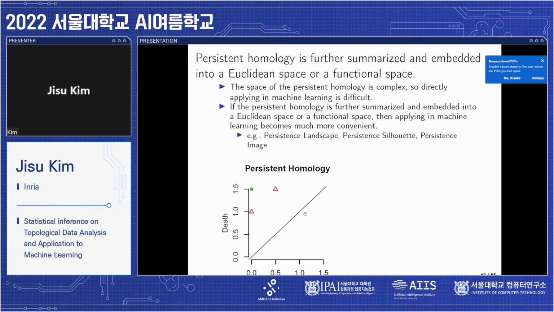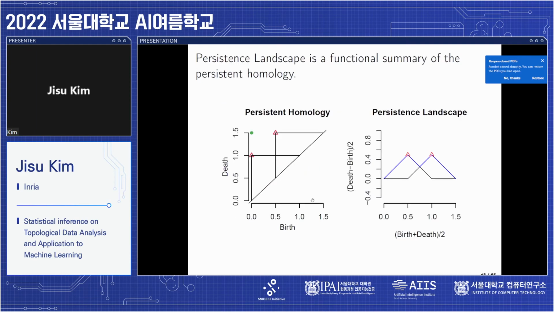When you have this persistent homology, you rotate it by 45 degrees clockwise. So it looks like this, and then for each individual point, you draw a right angle triangle of 45 degrees.